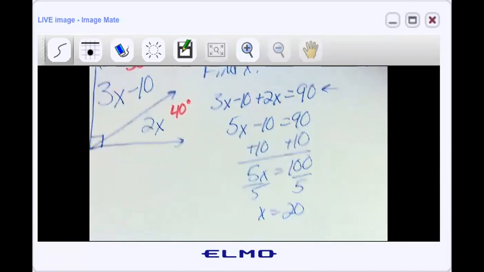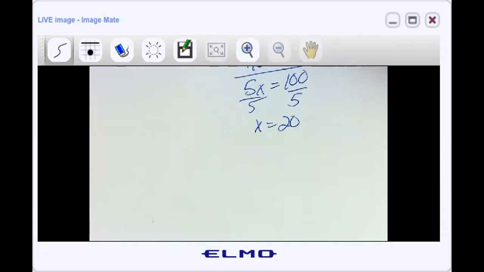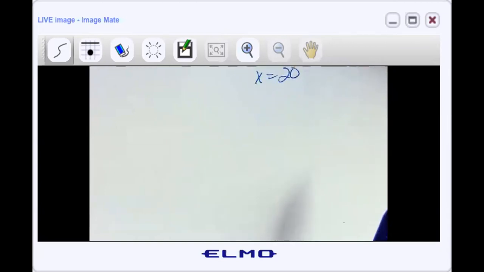Okay, let me show you another way that you're going to see it on your homework tonight. They might just say it in words. They might just say this.